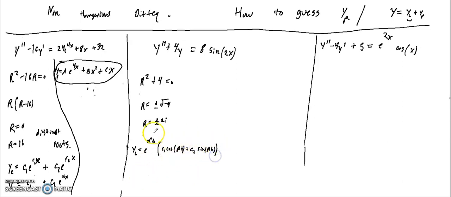And this alpha right here is 0. So we actually just have 1 times this, so this cancels out to just 1. So we get c1 cosine of 2t, since beta's 2, plus c2 sine of 2t.